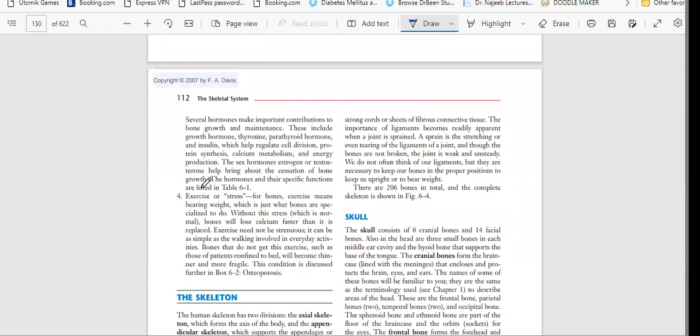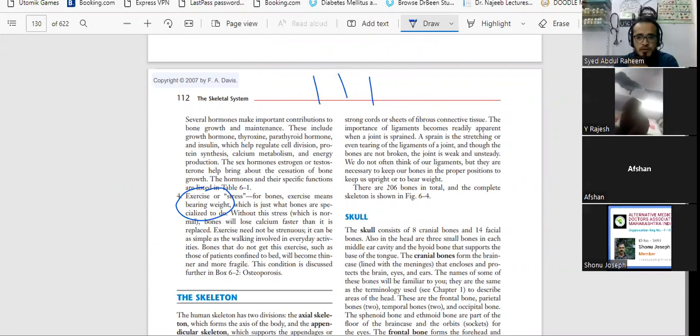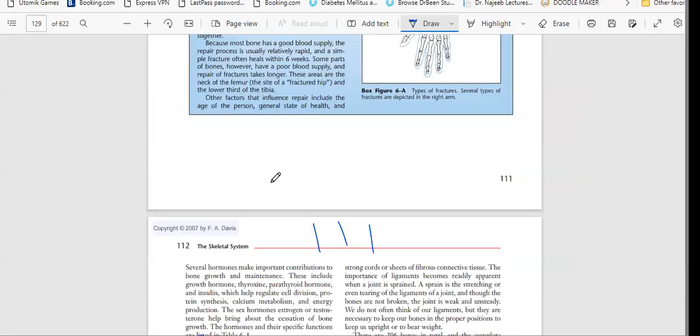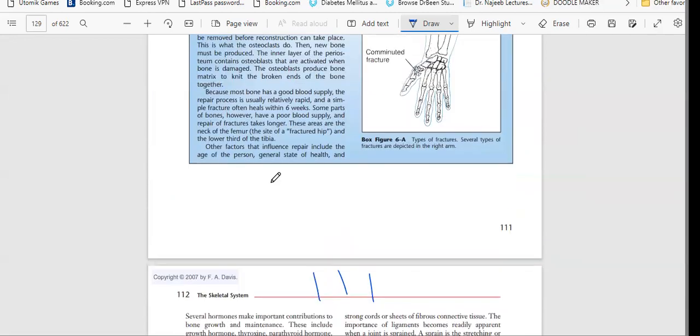So these are the four important pillars for the growth of the bone: hereditary, nutrition, hormones, and exercise.